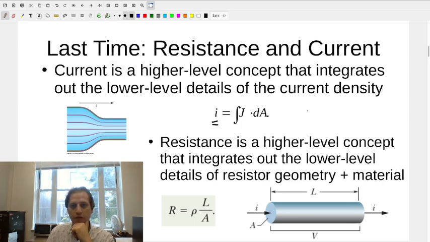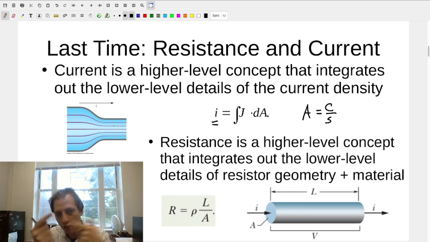Okay? Remember, current is measured in amps, which is in terms of coulombs per second. That does tell you something, but it doesn't tell you about what all of those individual charges are doing. And it also doesn't tell you about what's happening at different points within the wire in the circuit.